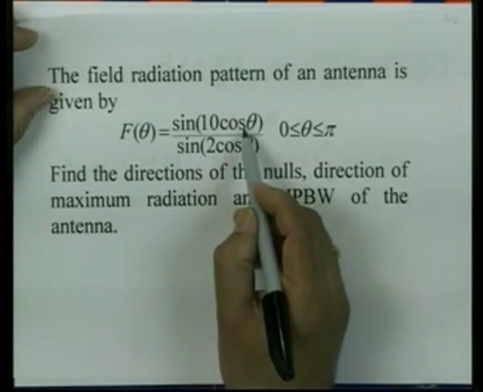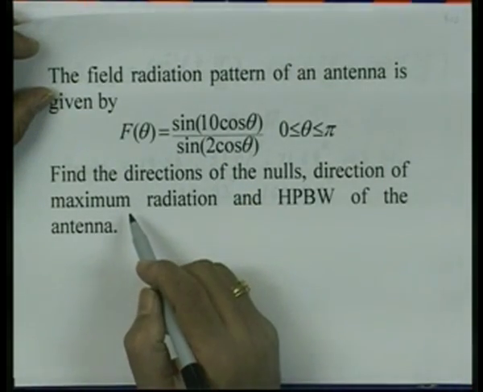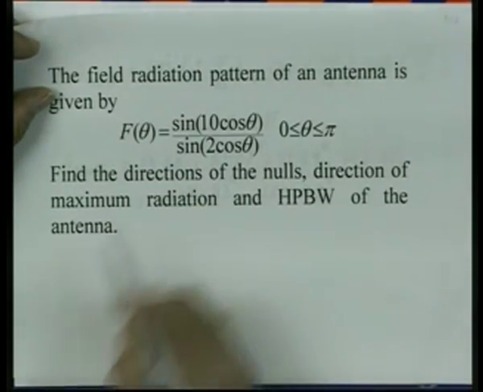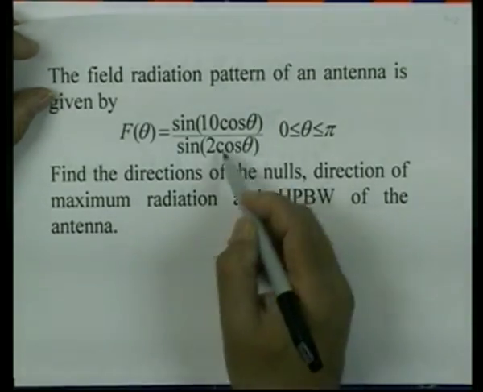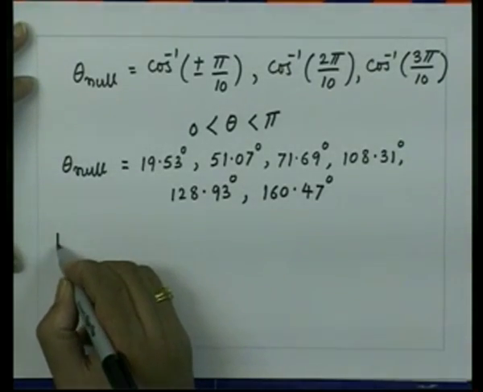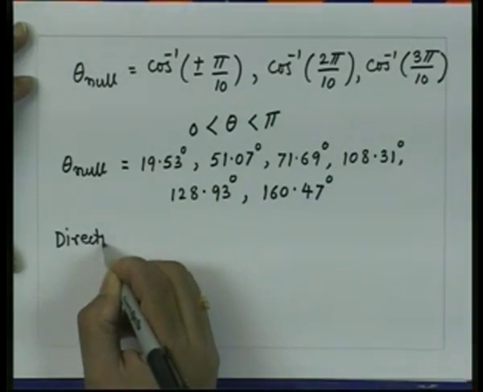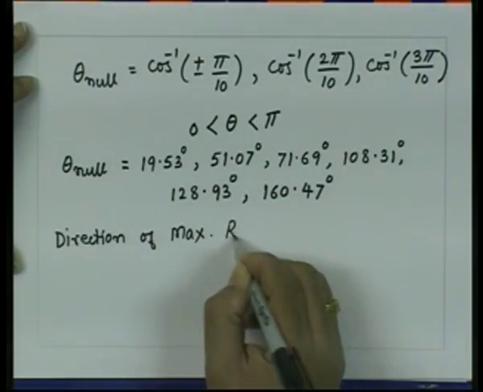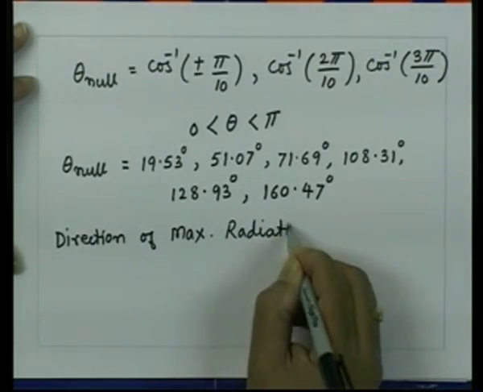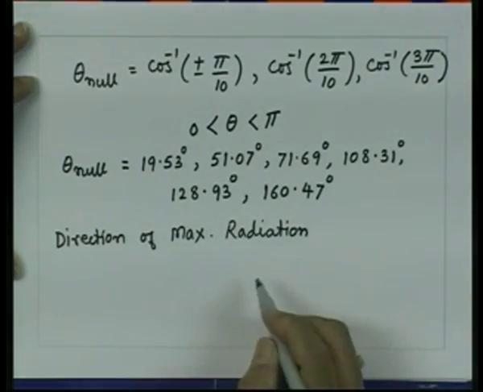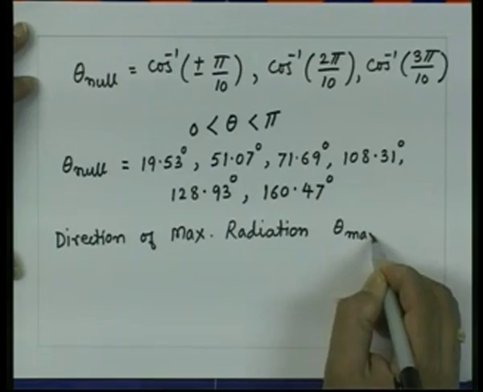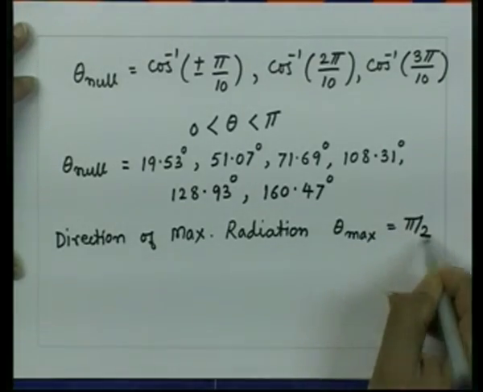So, we may get a null corresponding to theta equal to pi by 2 here, but that does not represent a null because for that the denominator also goes to 0, and then that direction essentially is the direction of maximum radiation. So, we get the direction of maximum radiation, that is theta max is equal to pi by 2.